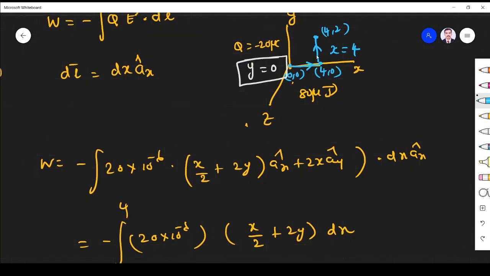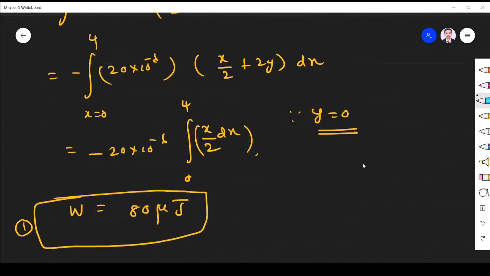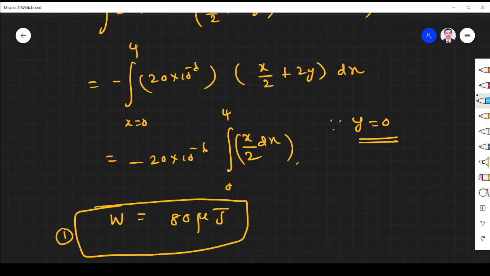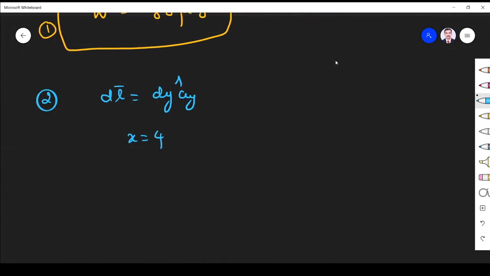So here, what is the displacement? My charge moves along only the y direction. So for problem number 2, dl is only in the y direction, dy ay. It's not moving along anything else, and moreover x is equal to 4 in that, right? So here, what is the equation? We can find w is equal to minus q, and that is constant, right, times E dot dl.